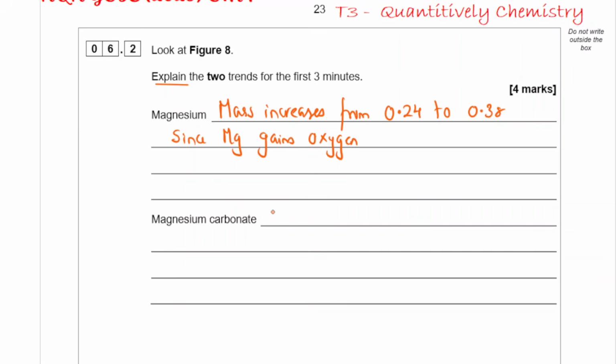Magnesium carbonate decreases in mass from 0.84 to 0.44, since magnesium carbonate, or we could actually say, since carbon dioxide is released.